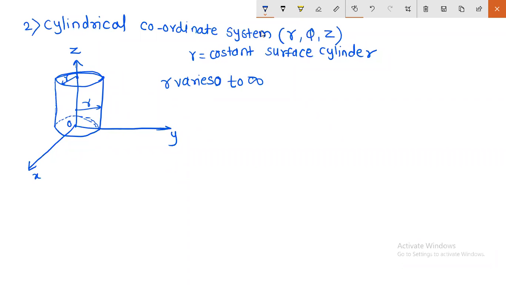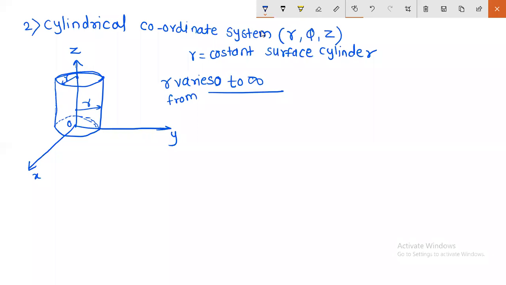R varies from 0 to infinity. R varies from 0 to infinity. It means the radius of the cylinder can be infinity. Okay, so this is important.